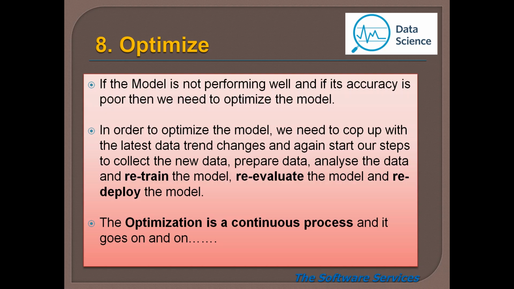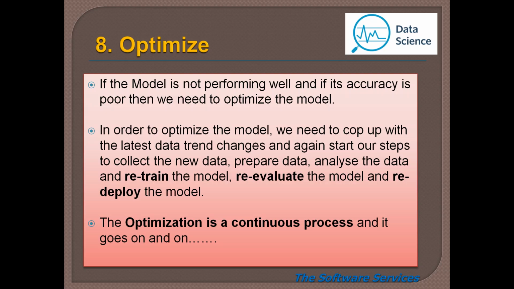In order to do that, we have to collect that new data. So data collection will again start, and preparation of the data we have to do, and the analysis of the new data we have to do, and then we need to retrain the model. Already we trained the model with the old data, and we need to retrain the model with the new data set, and then re-evaluate whether it is properly working or not with this new data set, and then we have to redeploy the updated model, friends.